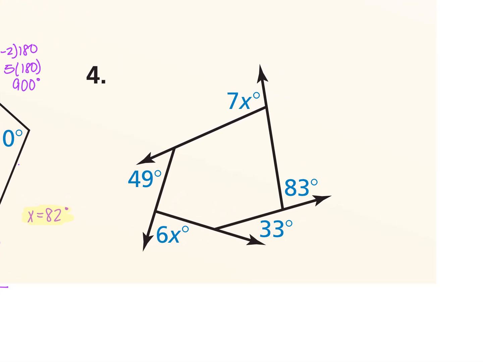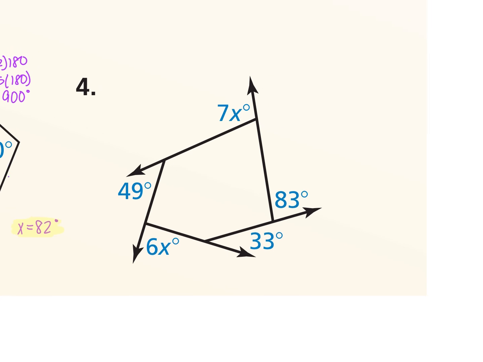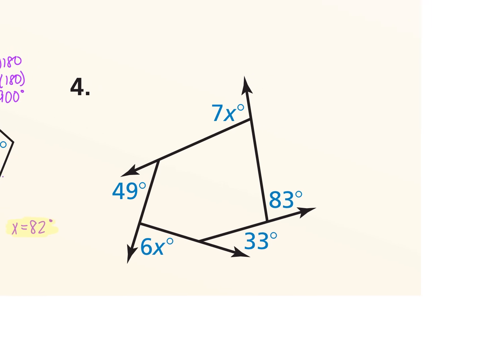All right, looking at number 4, exterior is always going to equal 360. So I'm taking all my exterior angles: 49 plus 7x plus 83 plus 33 plus 6x equals 360. I'm going to get 13x plus 165 equals 360.